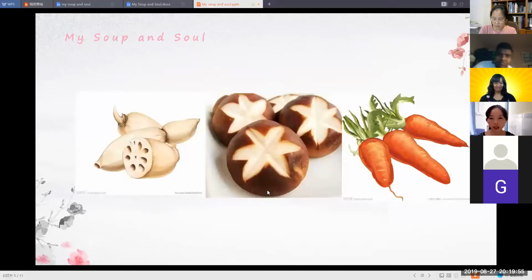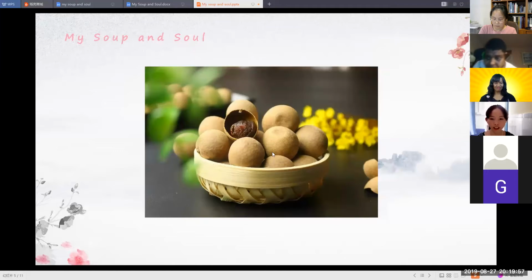Now I want you to calm down and take a deep breath. It's not the end of the world. You can play magic on this chicken soup. When even the red dates are sold out, you can always use dry longan.